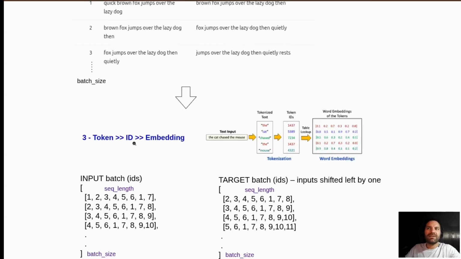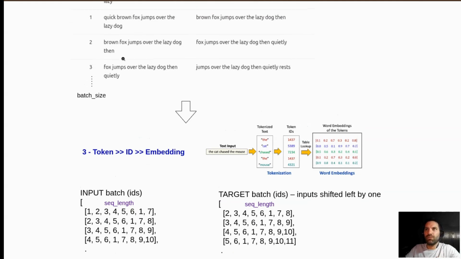The next step is: from the token, I get the ID, and then the embedding. In our case we see words, but in reality it's tokens, which can be sub-words, punctuation, or other kinds of symbols. Tokens from the input sequence are first mapped to unique integer IDs through a predefined vocabulary.